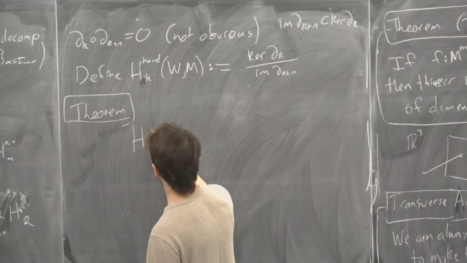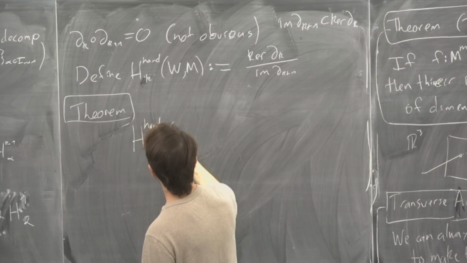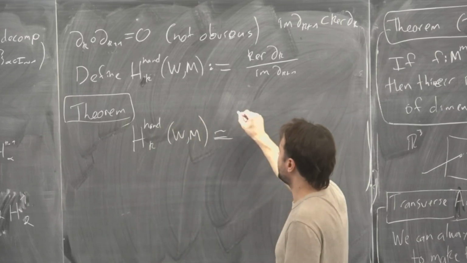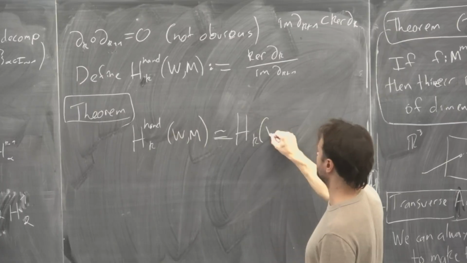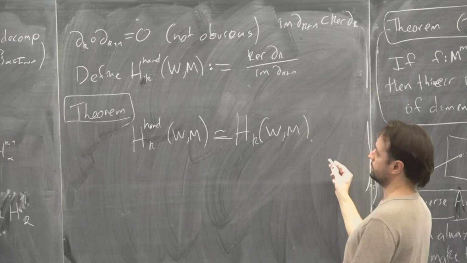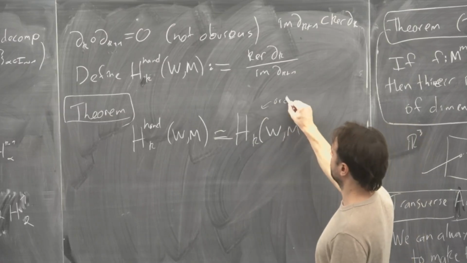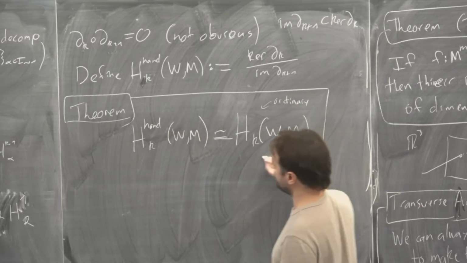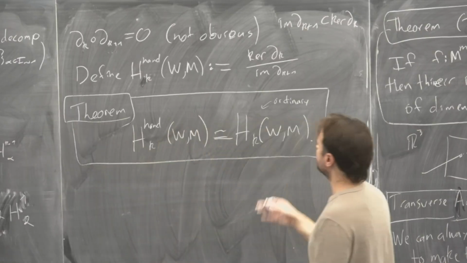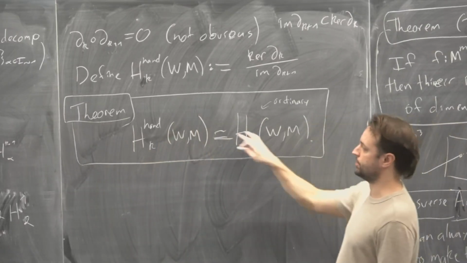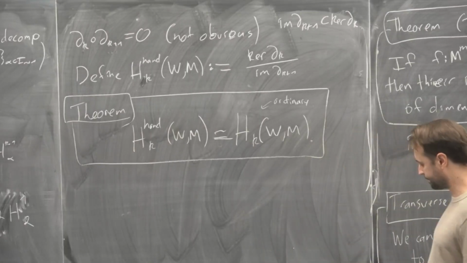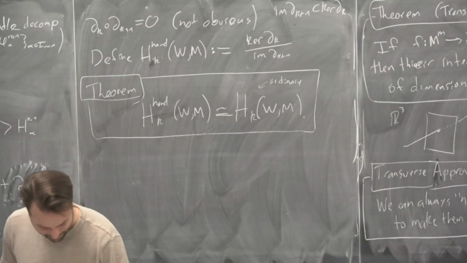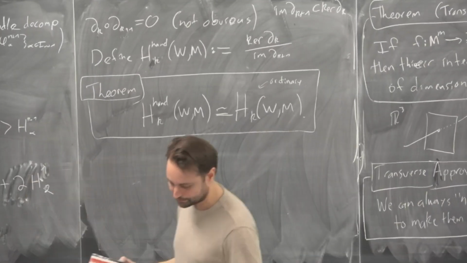So the handle homology of W relative to M is naturally isomorphic to the ordinary homology of W relative to M, which you could compute using the CW complex or with the singular complex. Using the CW complex is the most direct way, I think, to see that these two are the same. So this is good. This is one of the big things I wanted to get to.